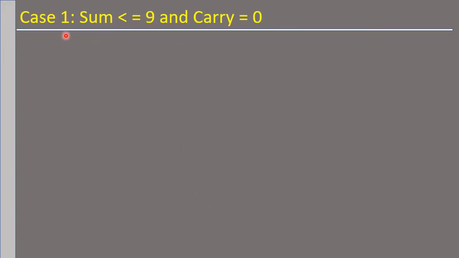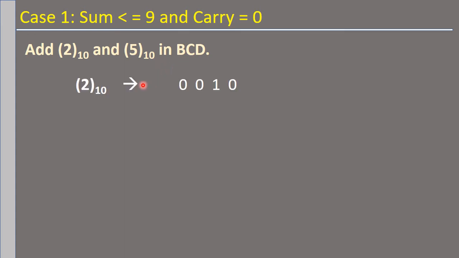Let's solve the example related to case number 1. Case number 1 is when the sum is less than or equal to 9 and carry is not generated, that is, carry is equal to 0. Here decimal 2 is added with decimal 5 using BCD addition. 2 is represented as 0010 in BCD form.